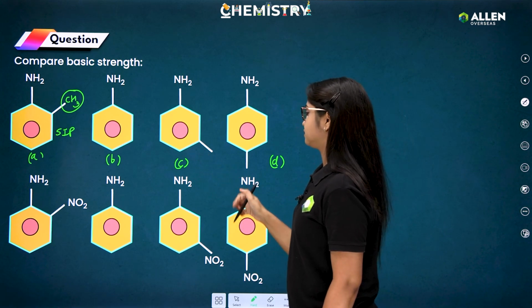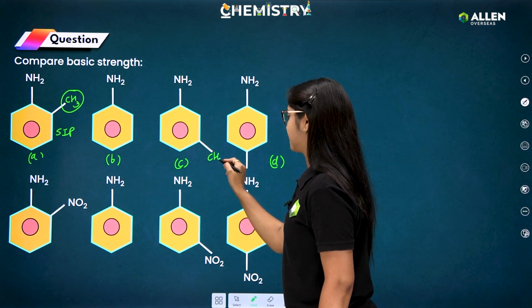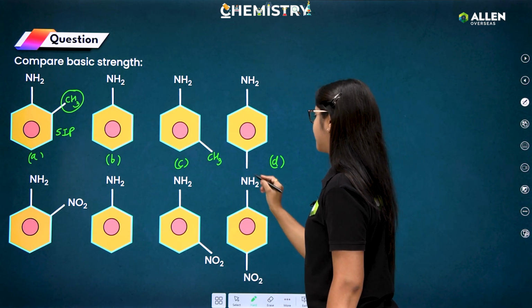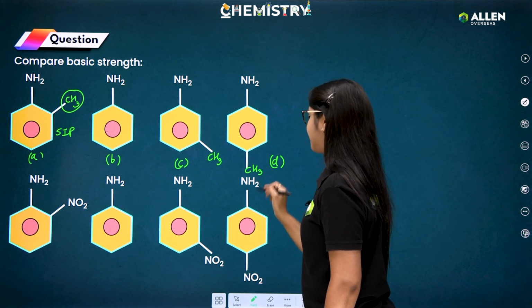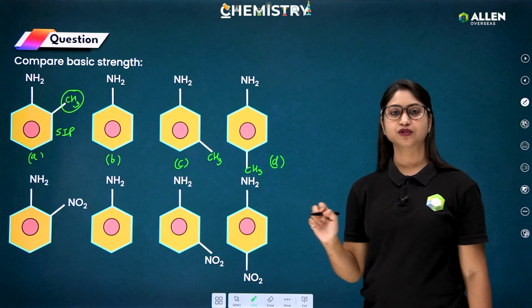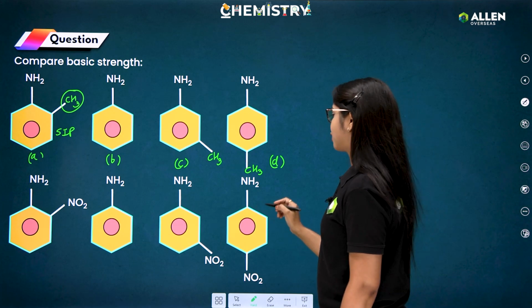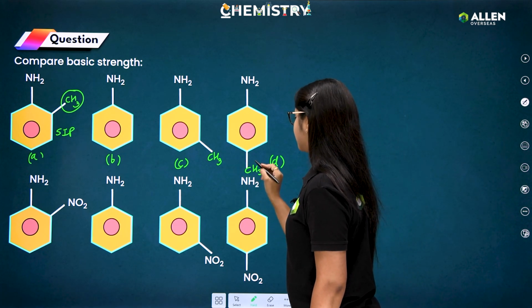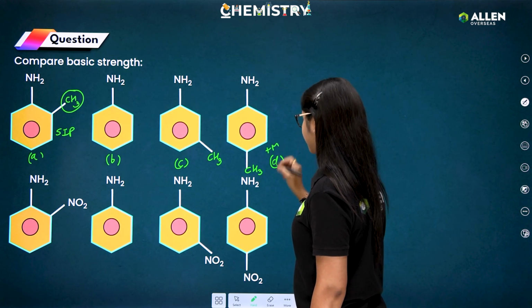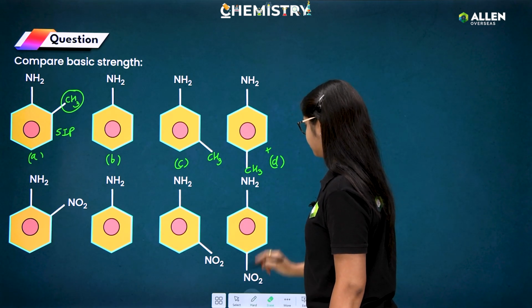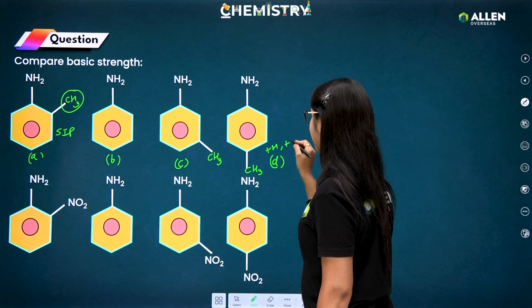And in the other one, you have a methyl group at the meta position, and here you have a methyl group at the para position. So at the para position, we know that the hyperconjugation effect is also working. So here you have plus H effect and plus I effect.